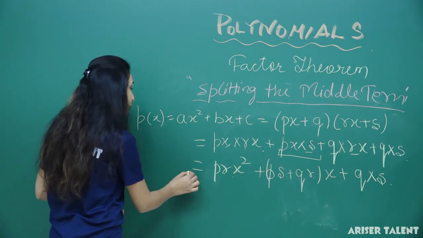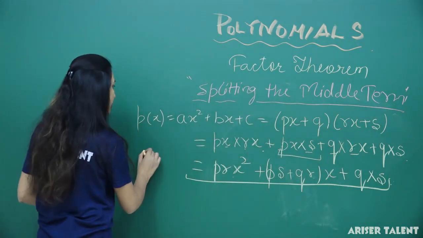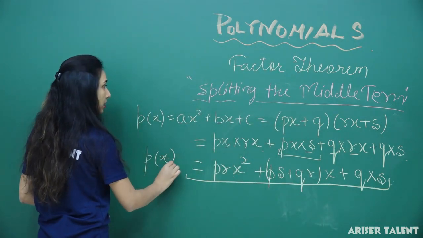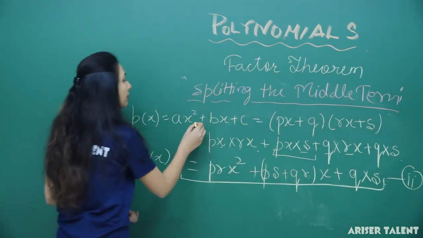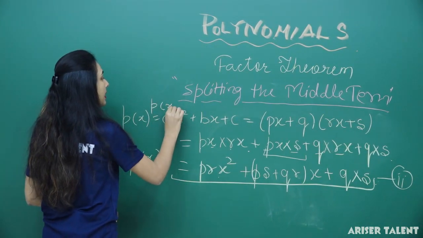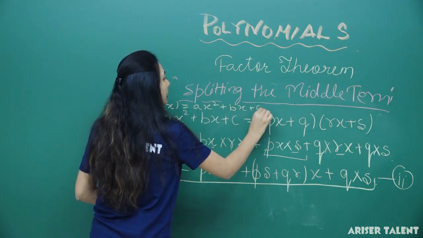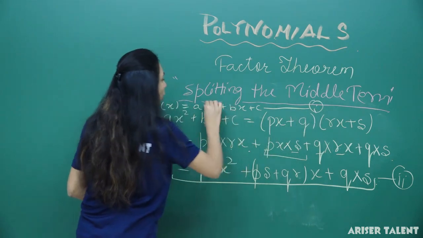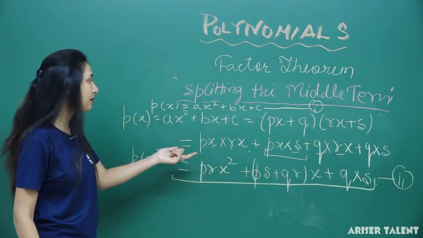Now, if you have this particular equation p(x) equals equation number 2, and the very first one, p(x) equals ax square plus bx plus c, this is your equation number 1. Now, if you compare them, the coefficients will be the same, yes or no?